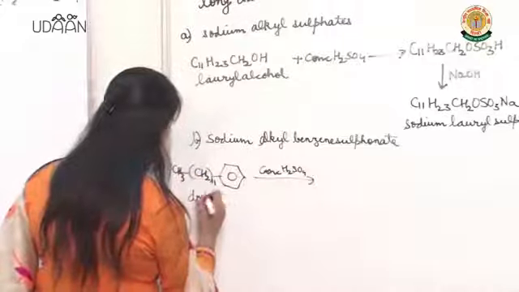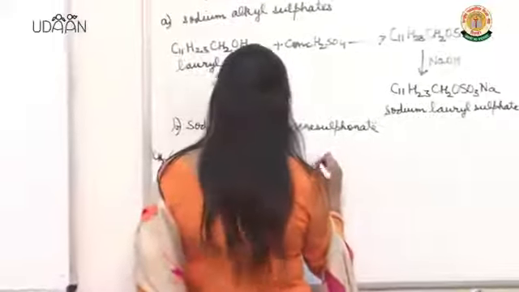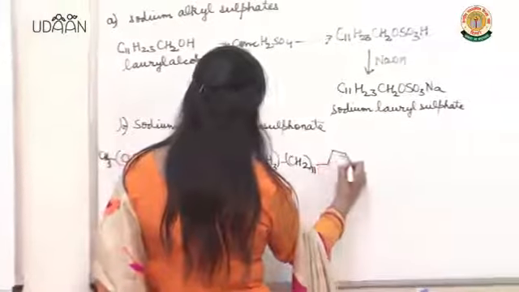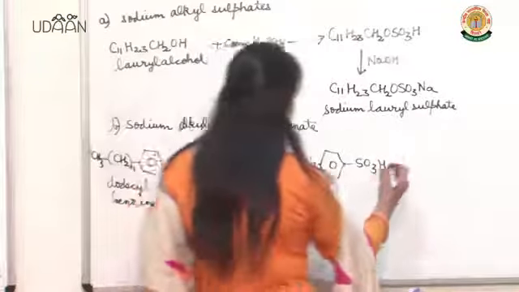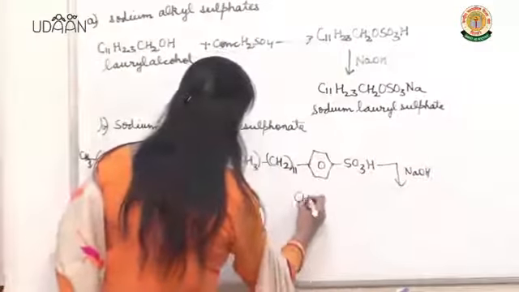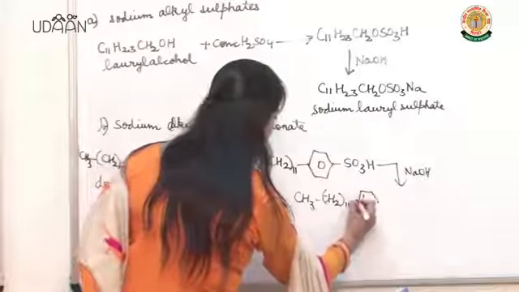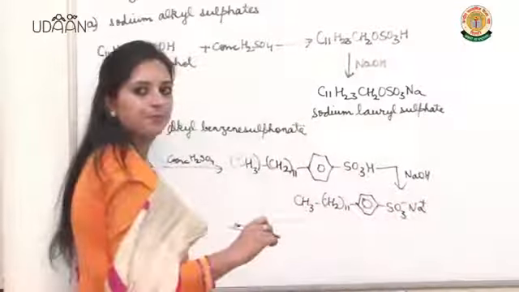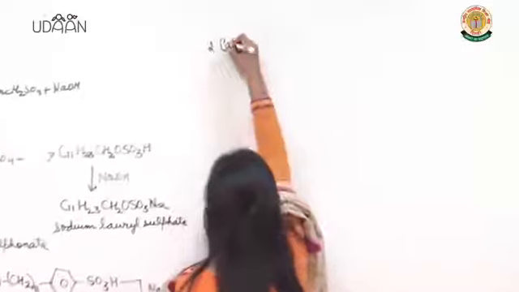This is dodecyl benzene and we treat it with concentrated H2SO4, so we get a SO3H group here, and then when we treat it with NaOH we will get sodium dodecyl benzene sulfonate, SO3 minus Na plus. Now next category of detergents is cationic detergents.